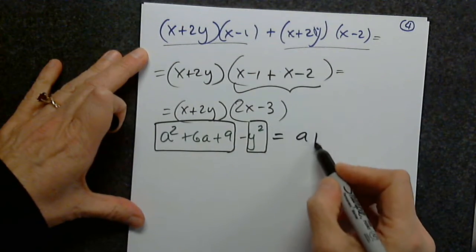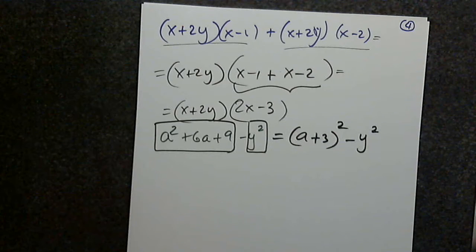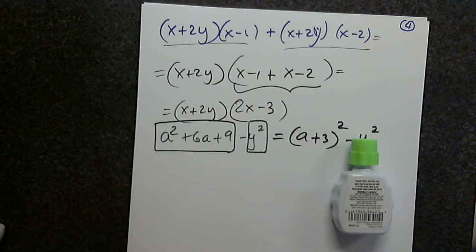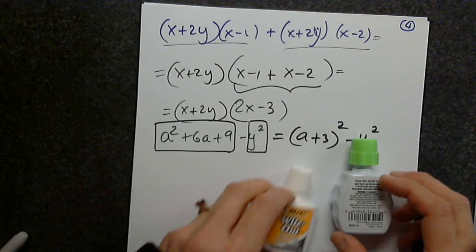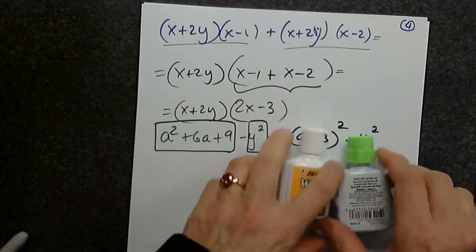So thank you for that. And now here's what I have. The difference is squared. Exactly. It is a difference of squares. Correct. Something squared minus something squared.